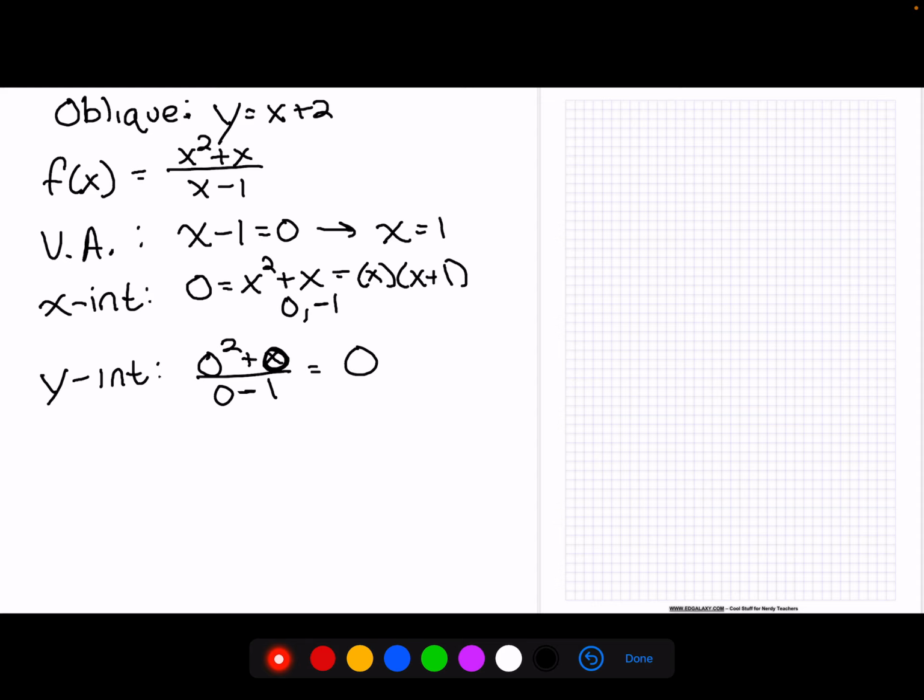So far in our graph, how is this looking? I'll do my best to draw this graph and not be too shaky. Every little tick mark is worth 1.